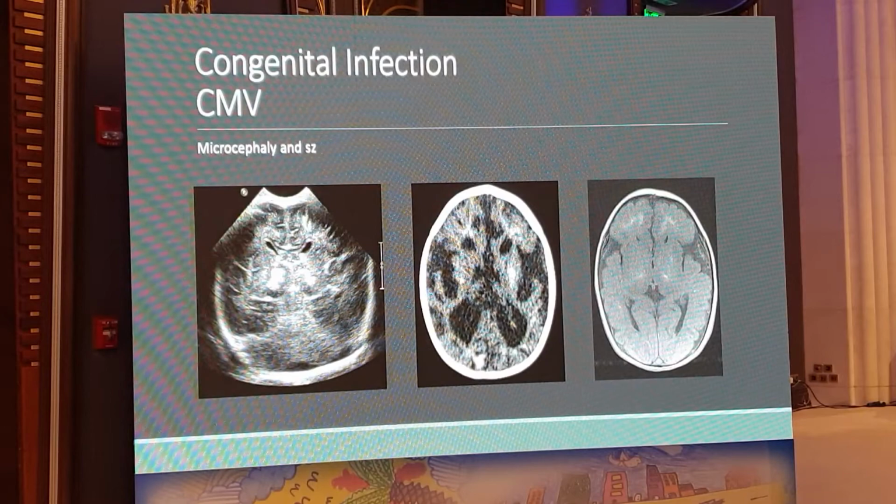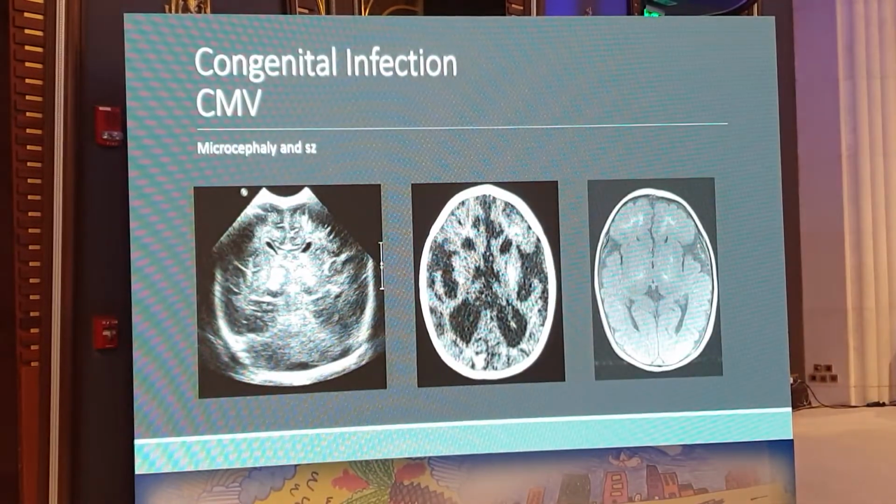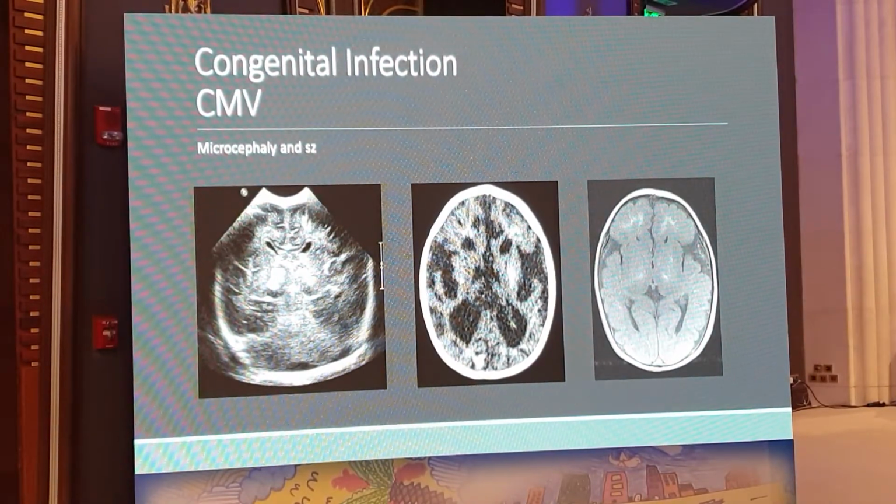With congenital infection like CMV, you can see microcephaly and calcification that can be detected by ultrasound, CT scan, and of course MRI. MRI will also show the cortical malformation that is usually related to early infection by CMV.